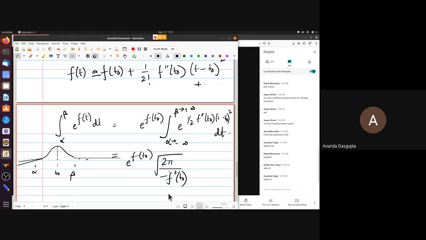Which is what? What is the kind of subject in physics where you get very, very large numbers?